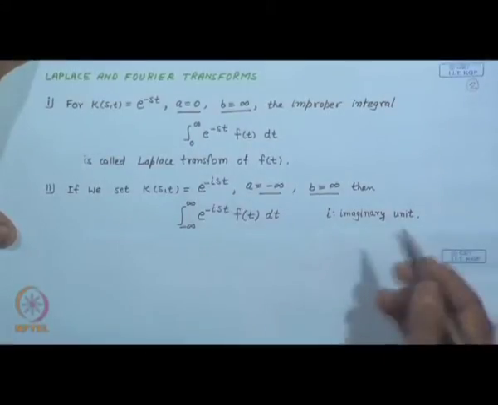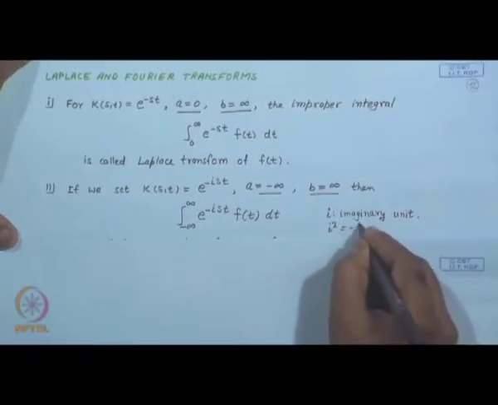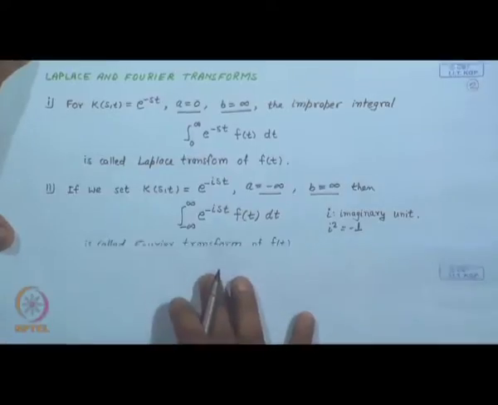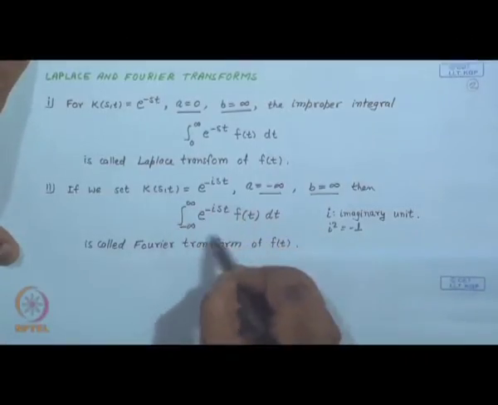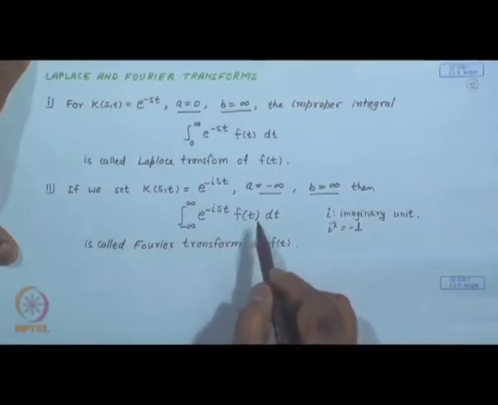Here i is clearly the imaginary unit, that means i square equals minus 1. So this integral transform is called the Fourier transform of f(t).